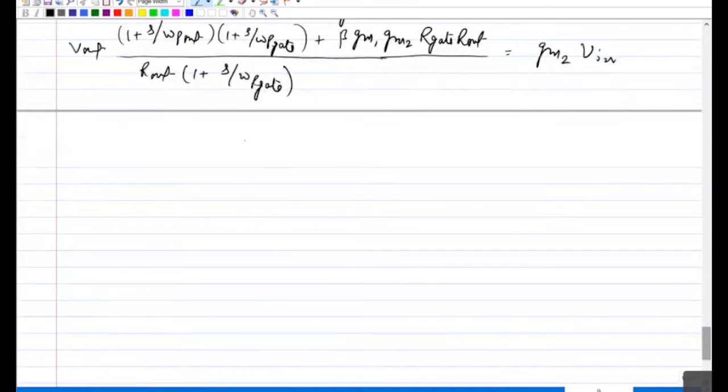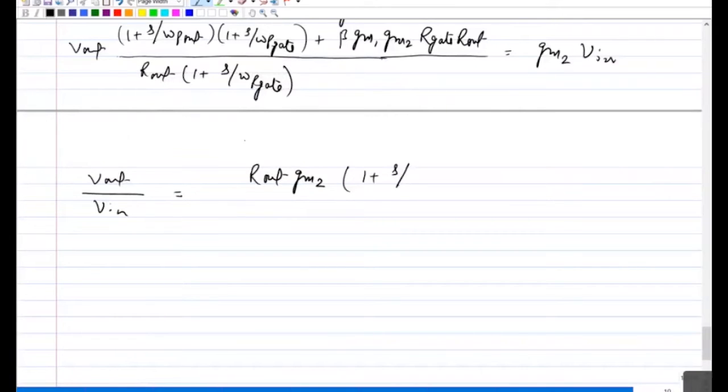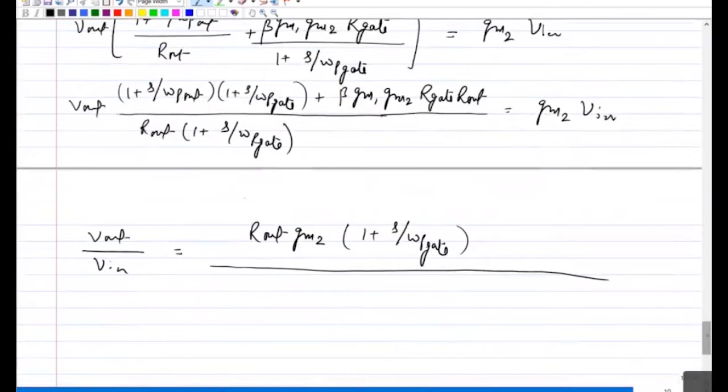And what I'm interested in is V out over V in. So this will become R out gm2 divided by 1 plus S over omega P gate, times this gm1 gm2 R gate R out beta.